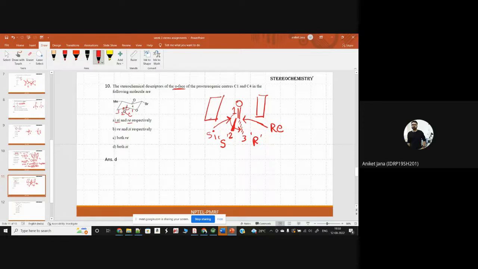And what is the order? Re face. Re face, but are we looking from above or down? Down. No, we are looking from above. Alpha face is down. Yes, we have to determine the alpha face, but now we are seeing from above. And if it is Re from the above face, then it is Si from the below face.